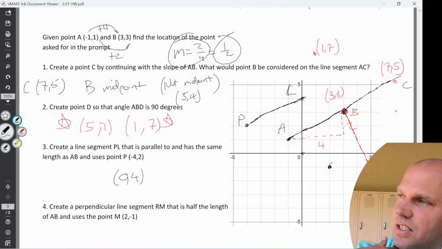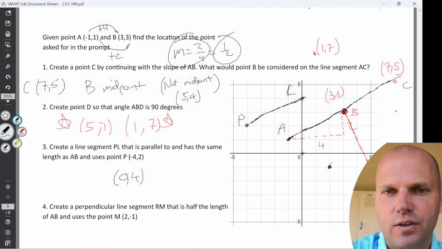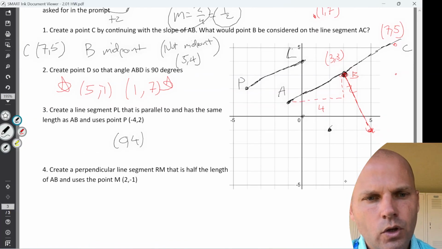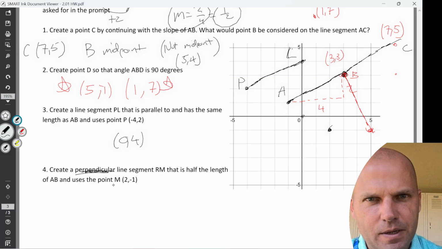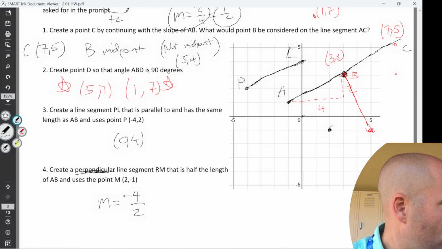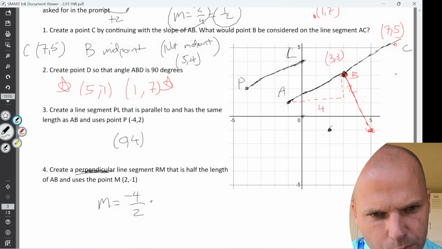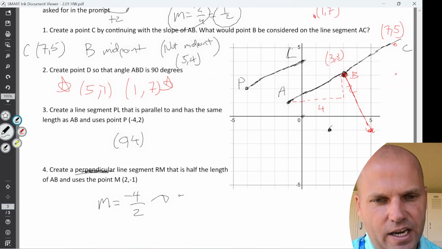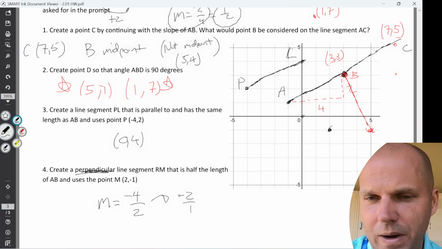This length of 2 and 4, I would think about as a length of 1 and 2. If I want a perpendicular line segment, my slope would start out as -4 over 2, or down 4 with my y's, right 2 with my x's, which could be halved to -2 over 1, down 2 with my y's, right 1 with my x's.